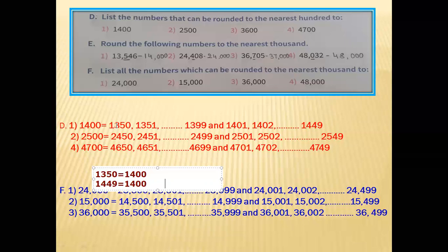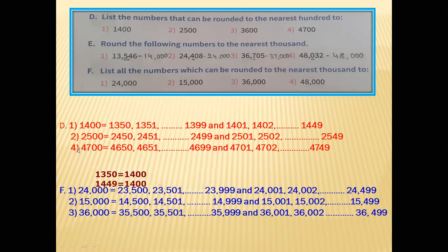Otherwise it is too difficult to write all these numbers. So write only 3 to 4 numbers, 1350, 1351, 1352, and then put a dash and write the last number, and then 1401 to 1449. Like this you have to write.